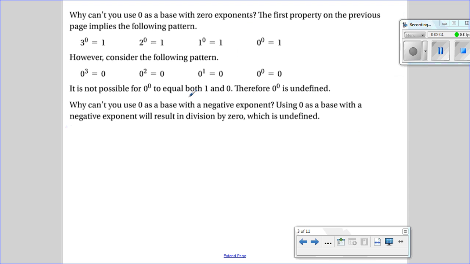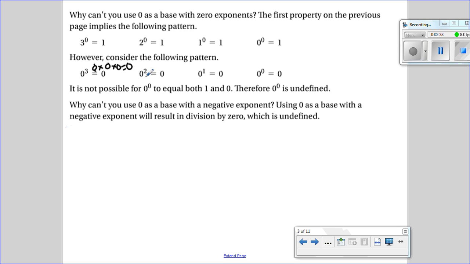Now, what we were talking about is that it has to be a non-zero base. It makes sense that 3 to the 0 power is 1, and 2 to the 0 power is 1, and 1 to the 0 power is 1, so shouldn't 0 to the 0 power be 1? But that would go against the fact that 0 to the third power is essentially 0 times 0 times 0, which is 0.